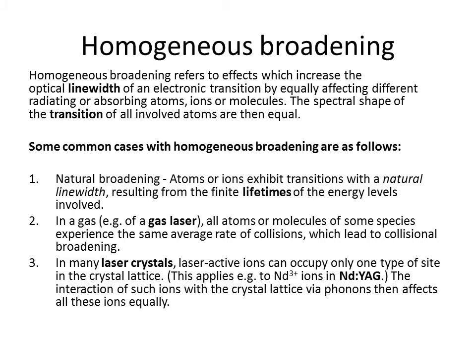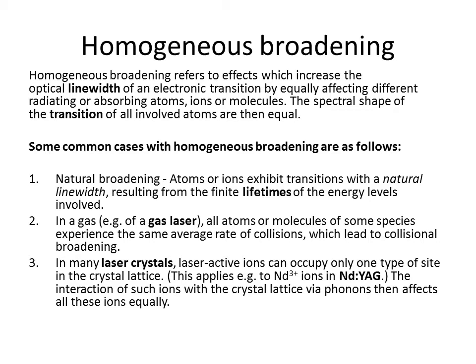Next we will see homogeneous broadening. In the case of homogeneous broadening, all the atoms, ions or molecules taking part in the de-excitation process and contributing to the emitted photons will all be equally affected by the line broadening mechanism. So all the atoms will contribute equally to the broadened spectrum. Some examples for homogeneous broadening: first one is natural broadening, which I have just explained.